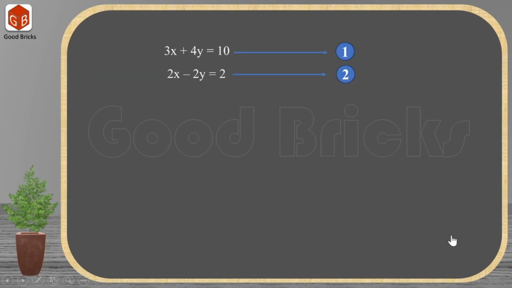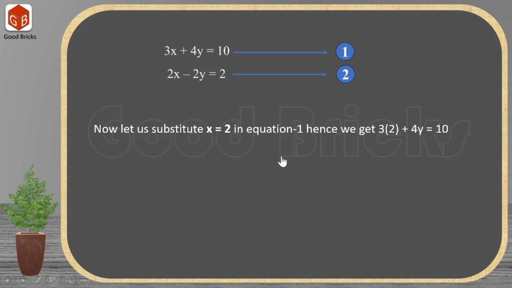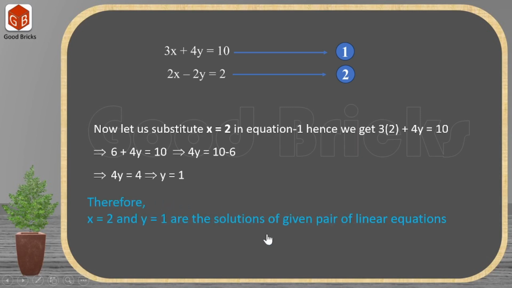Let us take this x value 2 and substitute in equation 1. In place of x, if you put 2, you will get the value of y. How much? 1. Finally, with the help of this elimination method, we got the values of x and y, and this is how we need to solve the problems using elimination method.